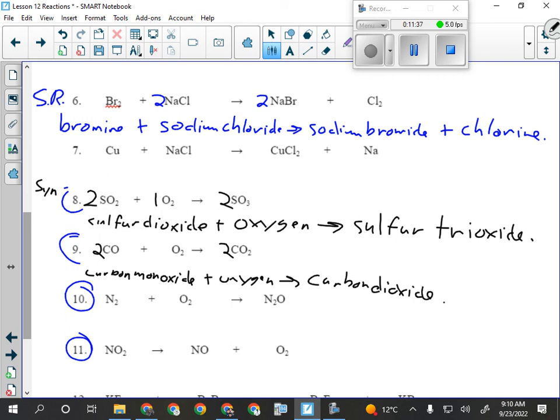It is. It's now balanced. I have 2 carbons on both sides. I have 4 oxygens over here, 2 times 1 is 2, plus 2 is 4. It works. So sometimes that lowest common multiple thing doesn't work, and then you've got to think outside the box a little bit.